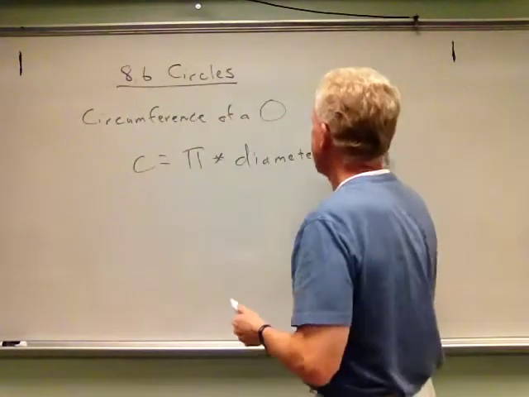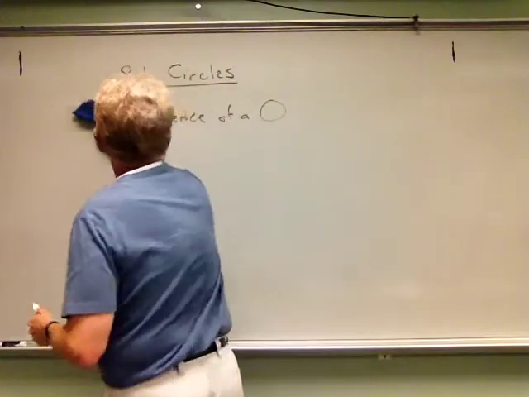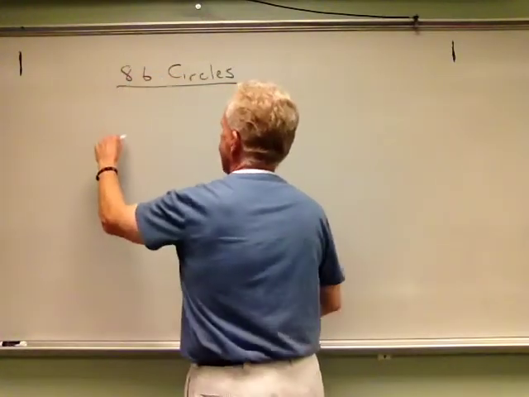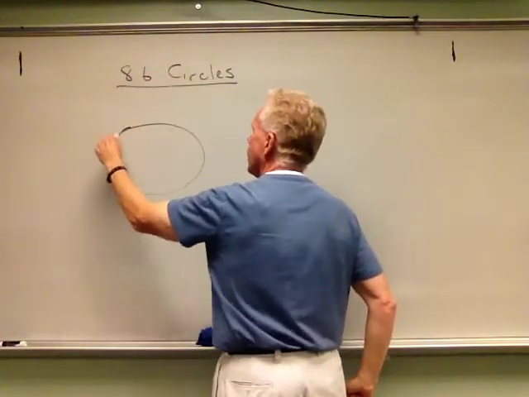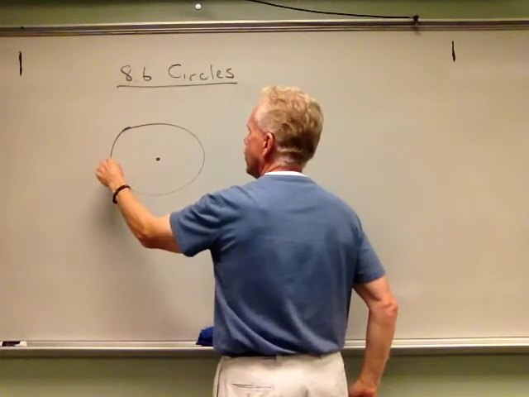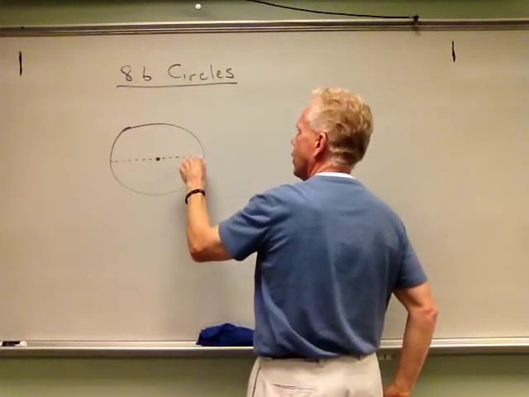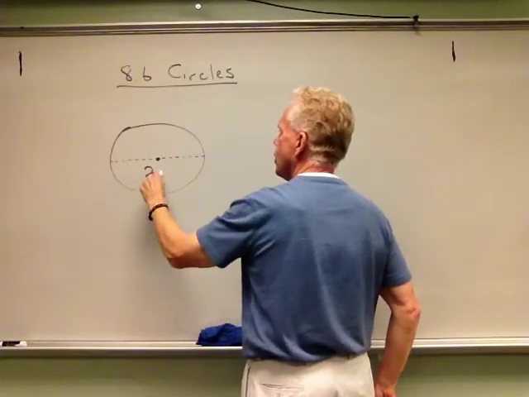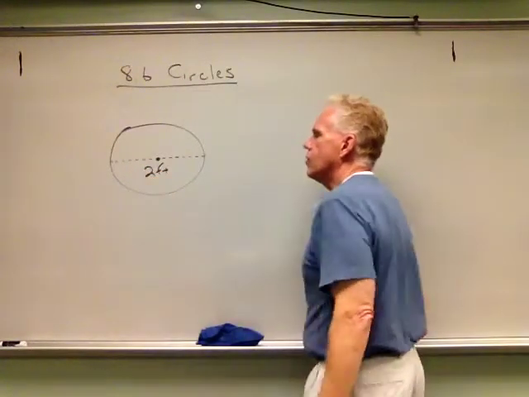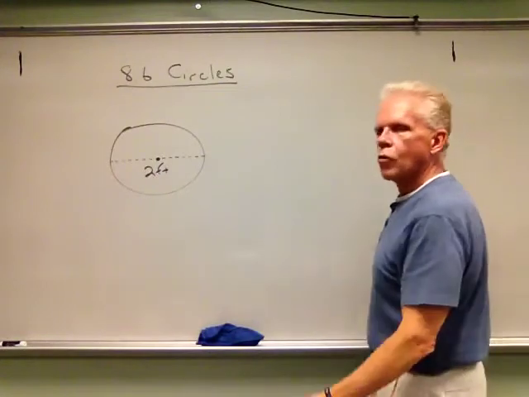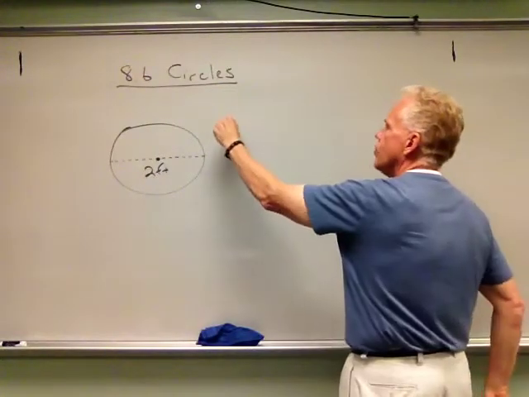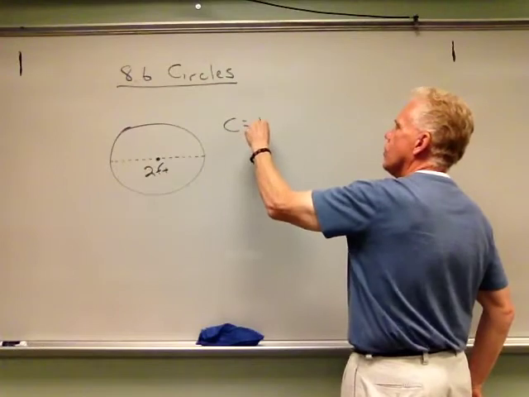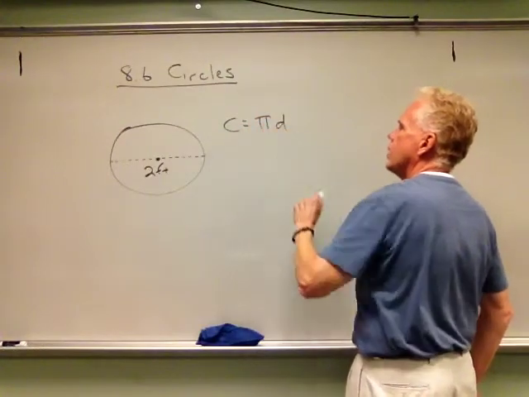Let's take a quick look at an example. We've got this circle. Its diameter is 2 feet. So what's its circumference? Well, we're going to say C equals pi times d.